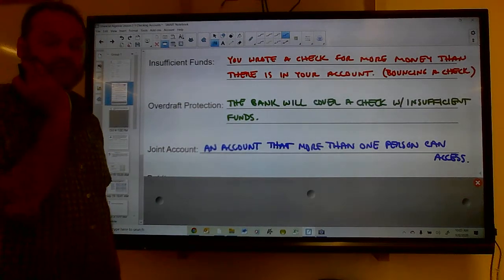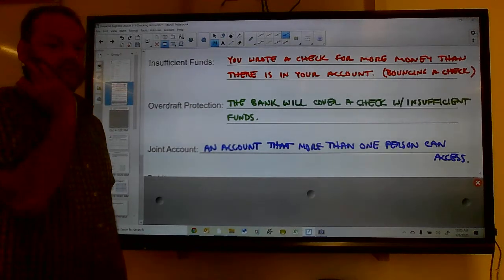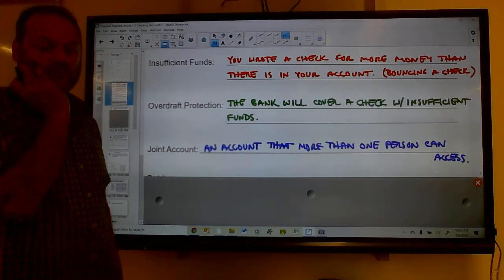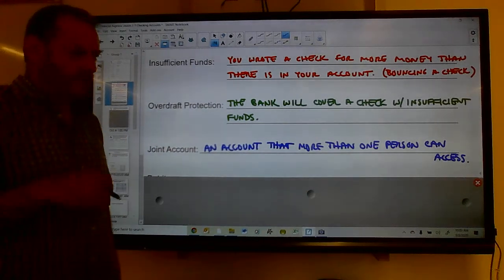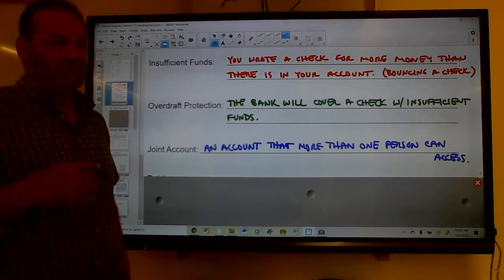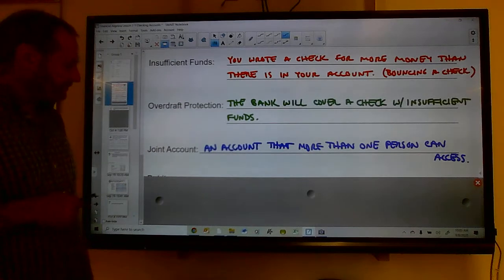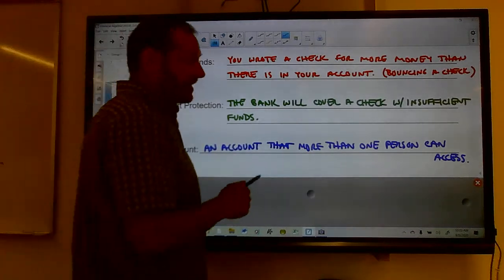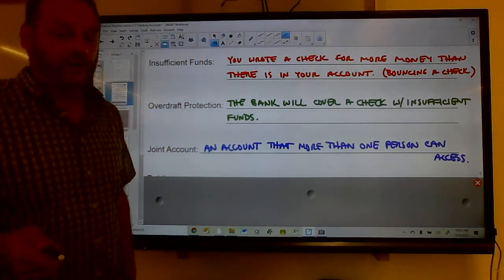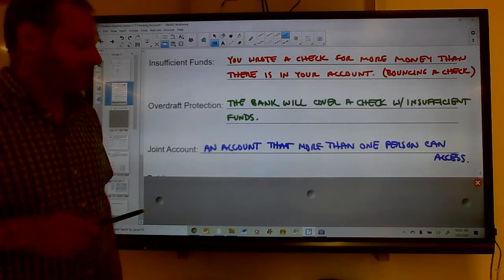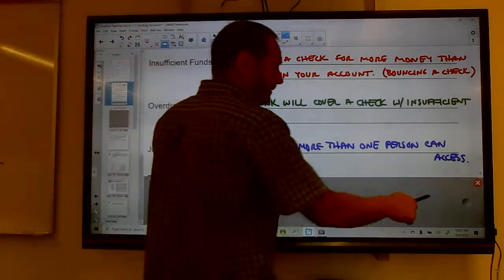Not always, but most of the time. Sometimes, like my parents have my sister on their account because they're getting up there in years, and it's convenient for them to have somebody else that can do transactions for them sometimes. So you just have to remember that if you have a joint account with somebody, they can access your funds whenever they want to. So you have to make sure that that's somebody that you trust.